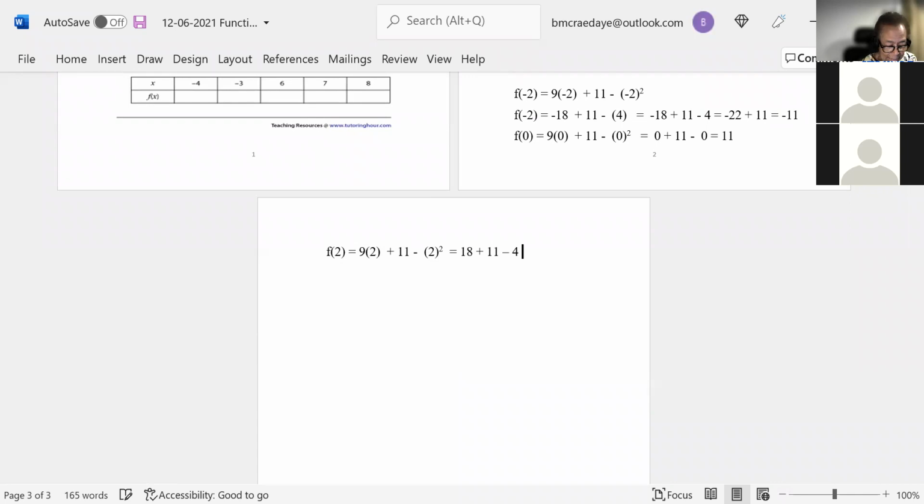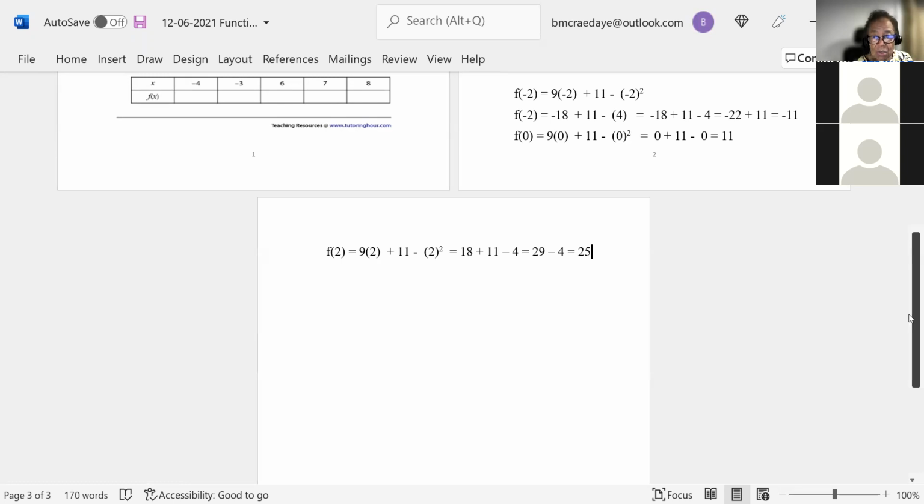Okay, so what is that equal to? What's 18 plus 11 minus 4? 18 plus 11 is 29, and then minus 4 is 25. That's your entry for the next one. So your table now for when it's a 2 is 25.